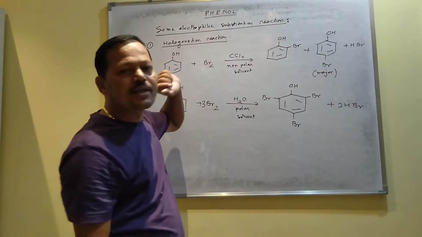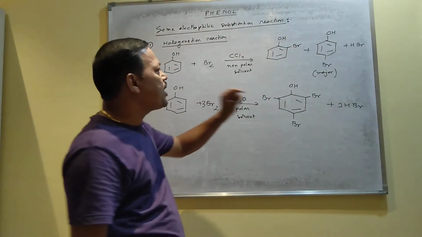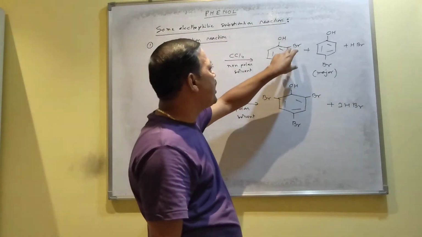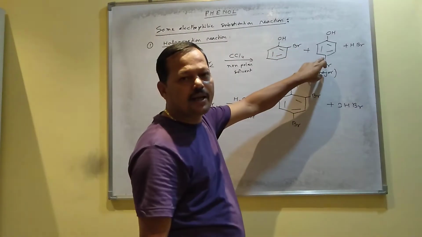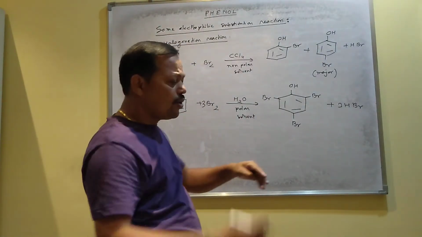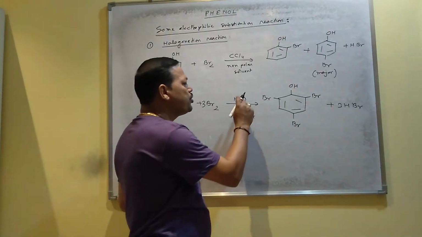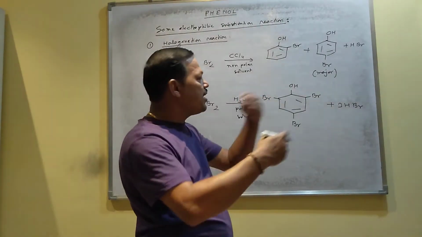But since carbon tetrachloride is a non-polar solvent, the ionization is very slow, and that is why bromine will attack either at the ortho or at the para position. The difference is when the ionization takes place, here due to presence of polar solvent, the ionization is very fast.